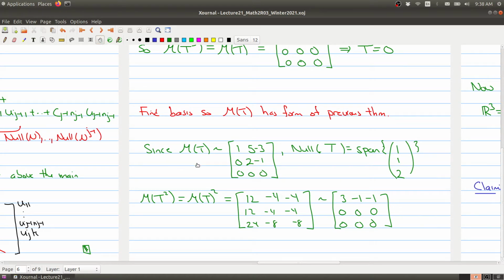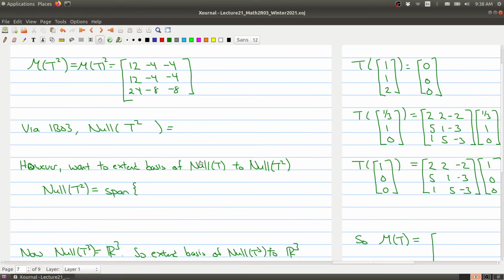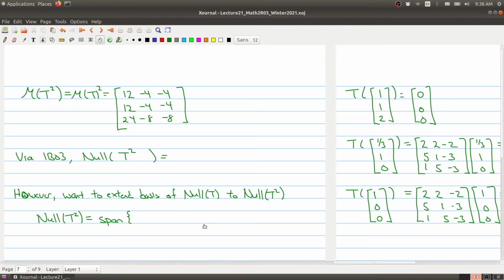Via 1B03, we know that the null space of T squared is equal to the span of the two vectors 1/3, 1, 0, and 1/3, 0, 1. Now remember, this is not the basis of null T squared we want.